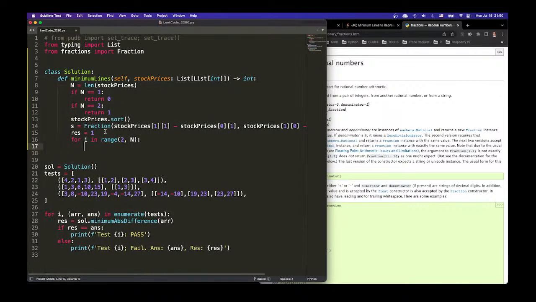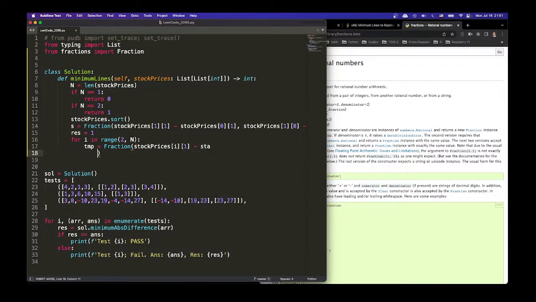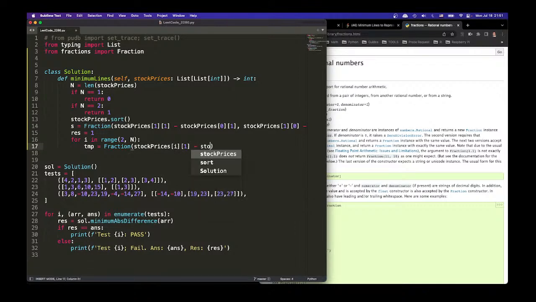And we say, what do we say? Temp equal to Fraction, stock prices i 1 minus stock prices i minus 1 1, right?